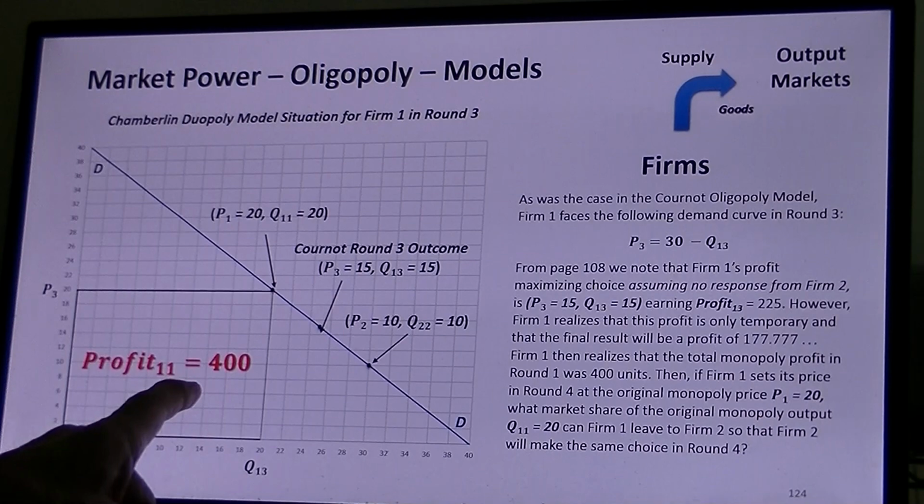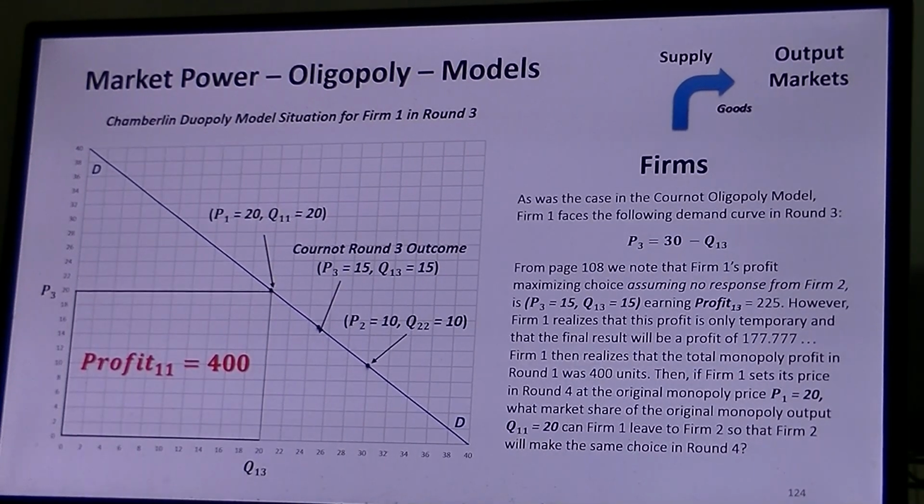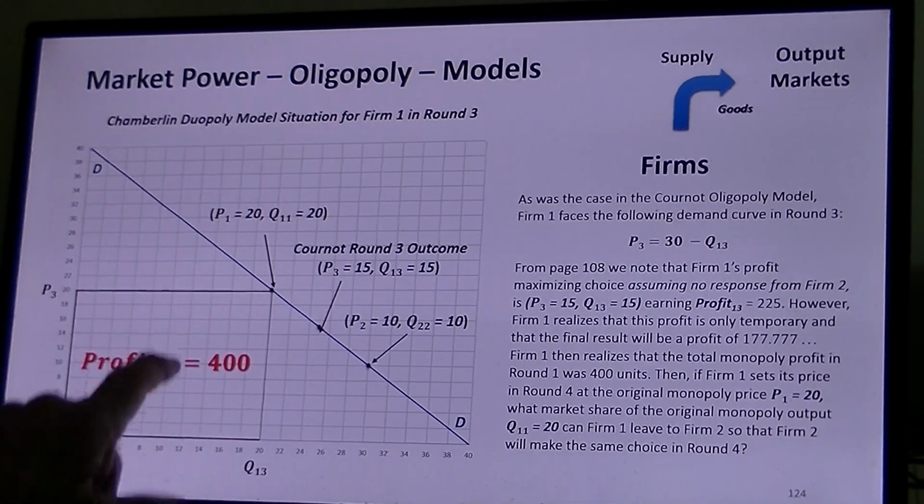Firm 1 has already earned a profit of 400 in round 1. So they're thinking, well, if I can figure out how to keep the price at 20, then I've got the other firm, and somehow we can divide the profit.